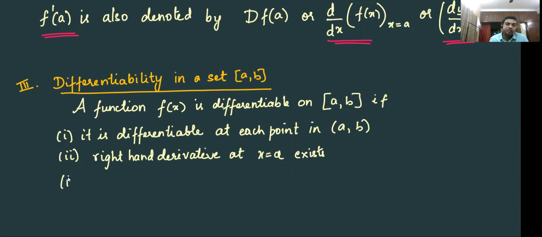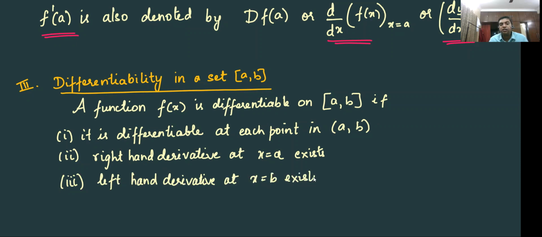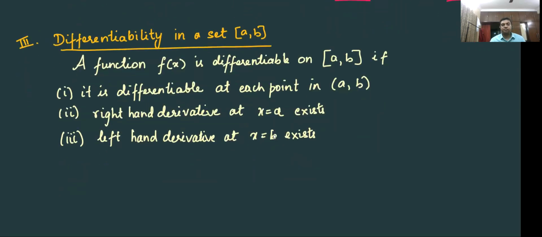Next, the left hand derivative at x equal to b exists. And in fact, the right thing is that it exists and is finite.